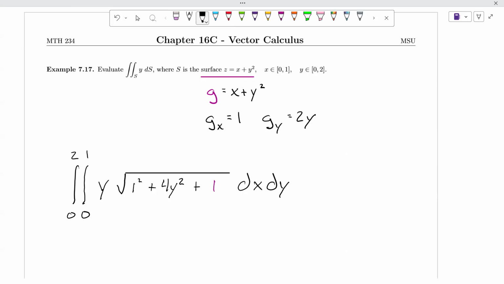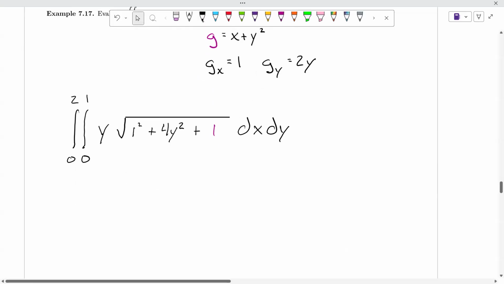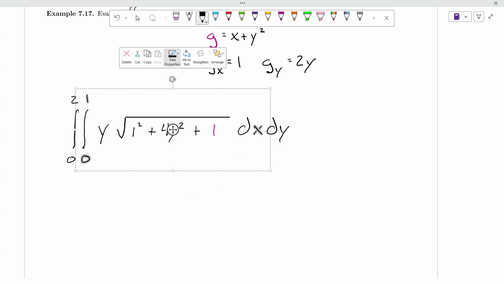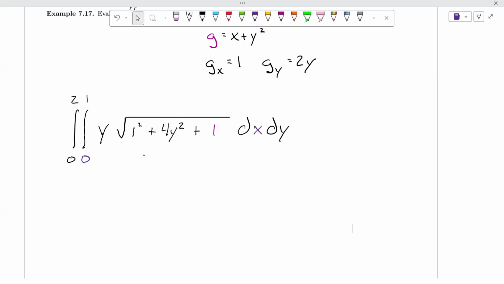And just like the surface area problems, we often end up having to integrate some sort of a square root function. So hopefully we have something that we can do u substitution for. Now I'm going to do dx first, just because it looks particularly easy. The only x's I have are the dx.